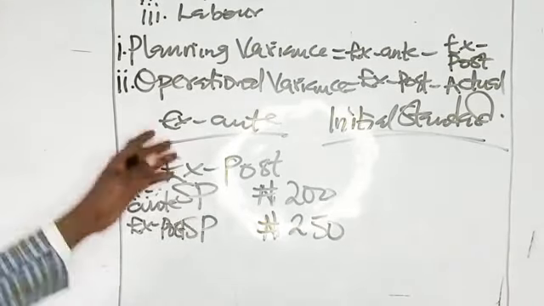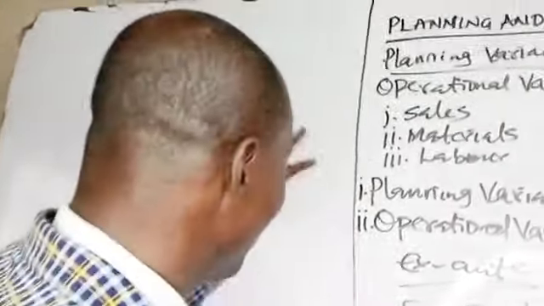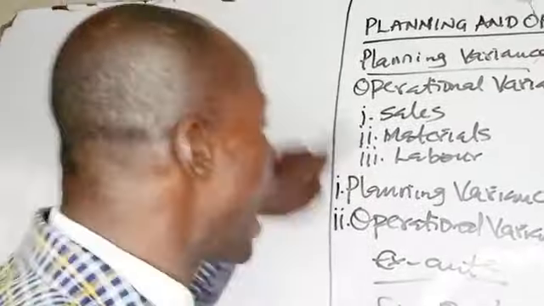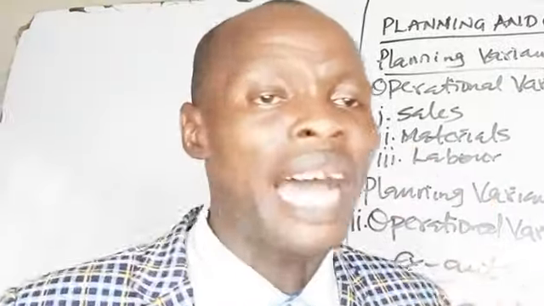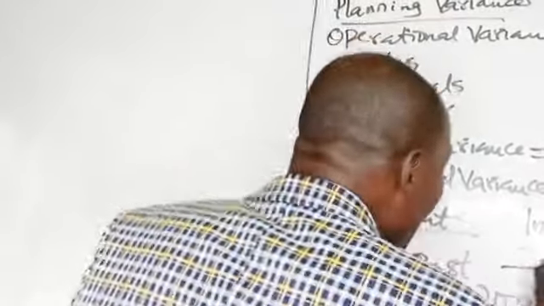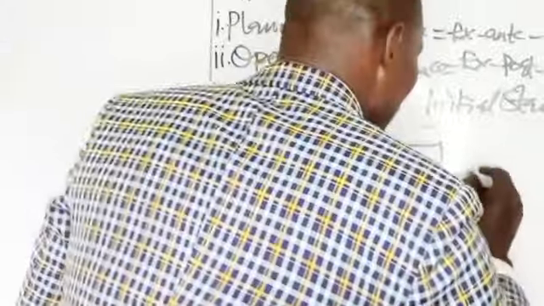You can have ex ante standard price, standard quantity, standard hour, and standard rate. The first standard is ex ante, while the latter standard is ex post. Both ex ante and ex post are standards. Remember, you've not gone to the market, but when the marker was actually purchased, you got it for 300 naira.